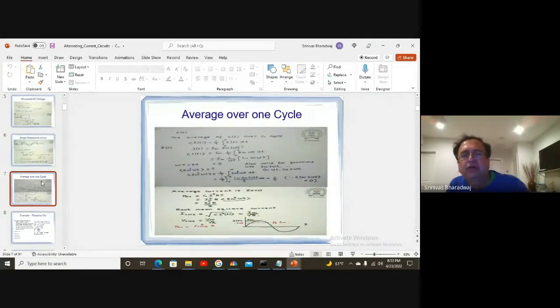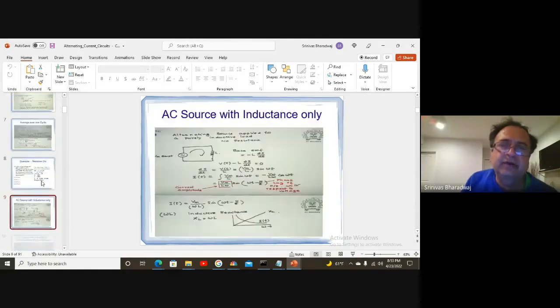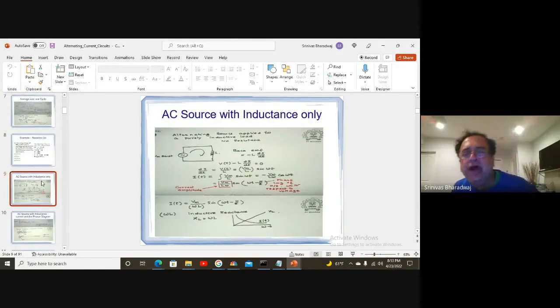The average over one cycle of the power, I_RMS squared R, gives you the average power. Okay. Now, if you had just a pure inductance connected to a source, you have L di/dt. Okay. Now, the L di/dt will give you the voltage. V minus L di/dt will give you the right.